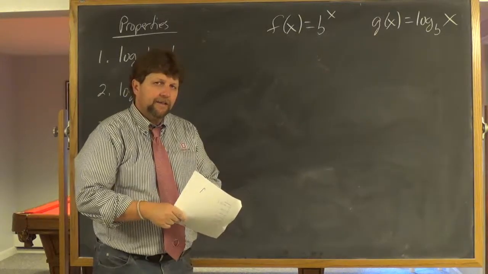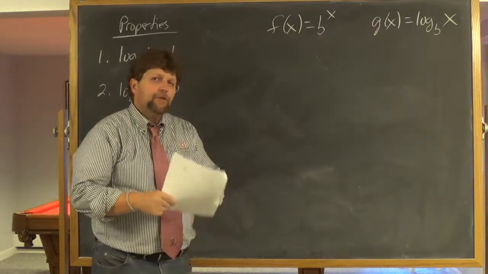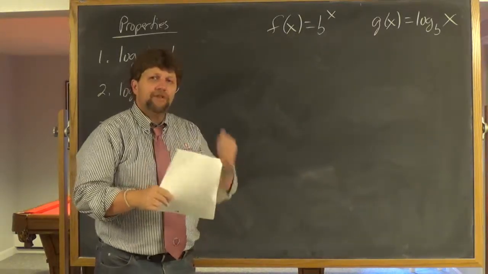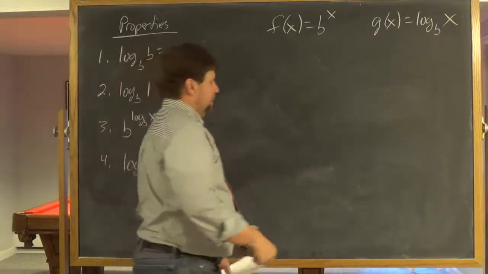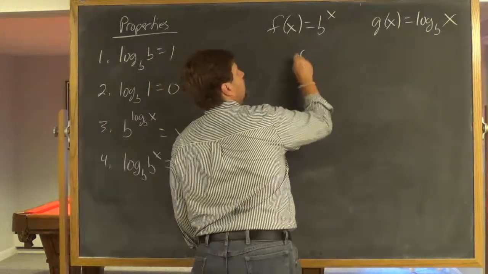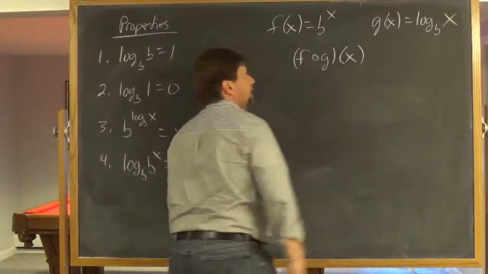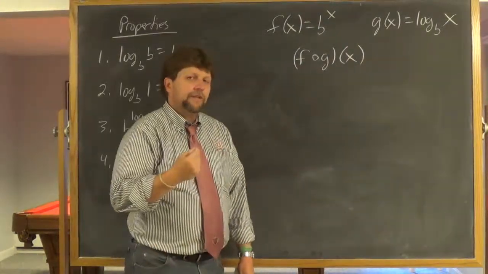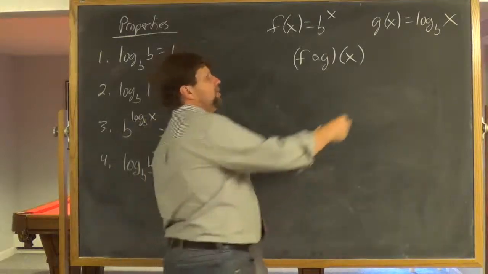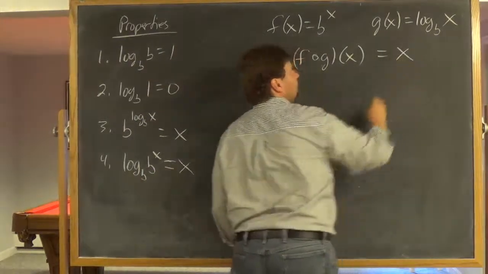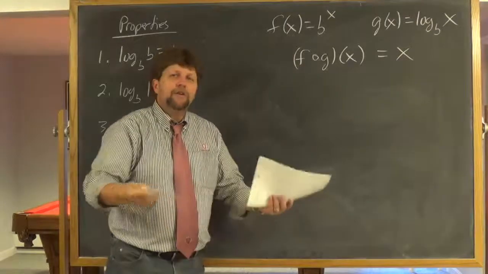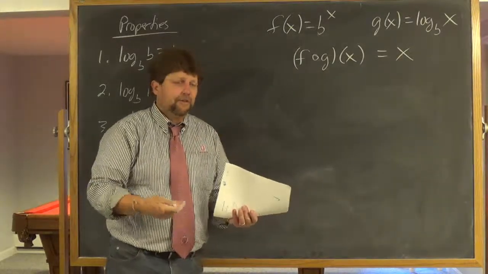That is a fact. Now remember, when you do the composition of two functions that are inverse functions, you have to get a result of x. That was our definition of how we knew if two functions were inverse functions.